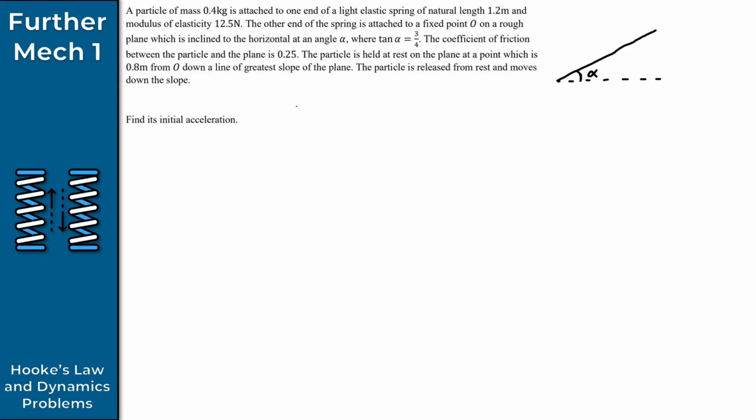The particle, as we're told, is 0.8 meters from O. O is at the top of the inclined plane, so let's say this is O. And it's 0.8 meters from O, so I'm going to put that somewhere around here. This here is our particle, and this distance here is, as we've just said, 0.8 meters.